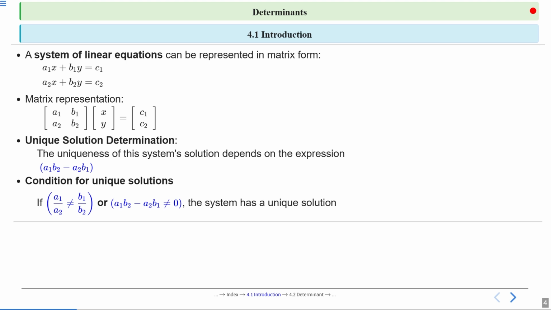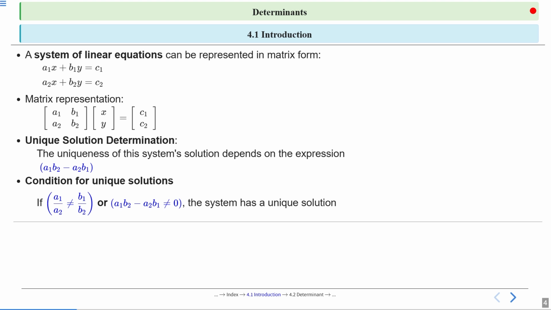And we can write it in matrix form, that is a1 b1, a2 b2, times x y, equal to the matrix c1 c2. So we can relate it to an expression, a1 b2 minus a2 b1, and that expression is known as the determinant. By this expression, we know whether the system has a unique solution, many solutions, or no solution.